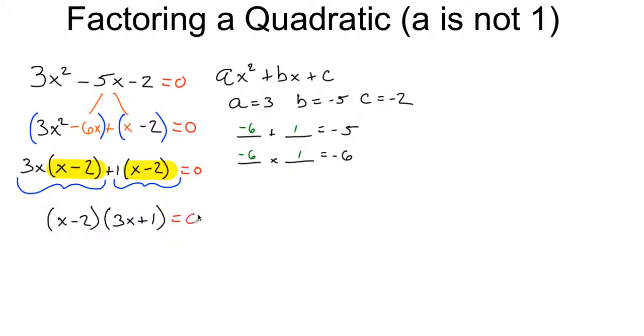And now I would have to use the zero product property to show that if x minus 2 equals 0, that means that x equals +2. Or that if 3x plus 1 equals 0, then 3x would equal -1, or x would equal -1/3. So those would be the zeros, or the solutions to that equation.